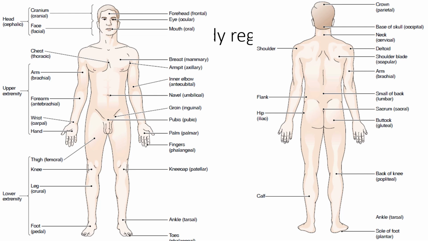Then we have the lumbar, the brachial, the iliac, the sacrum, sacral, or the gluteal or buttocks. The gluteus maximus is the buttock muscle. Then we have the popliteal, back of the knee. And the sole of the foot is what we call plantar.